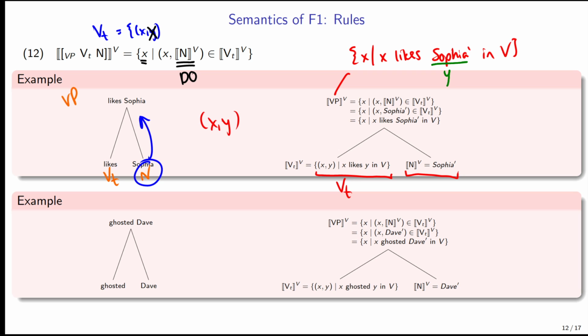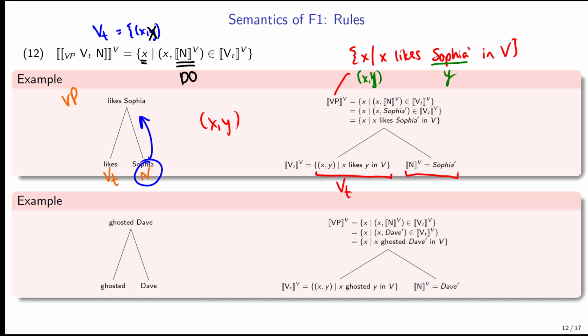Because this used to be a y. We used to be looking for pairs xy, but now we know what y is. So we substitute the meaning of that noun, which is Sophia prime, into that y, and then we get our resultant meaning. Basically, this says we're looking at the set of x such that x and the noun are in a pair.